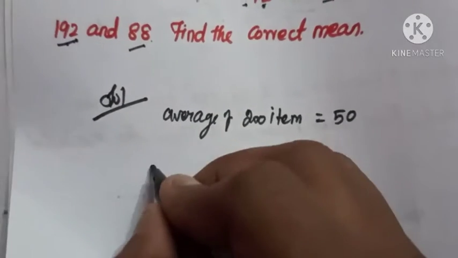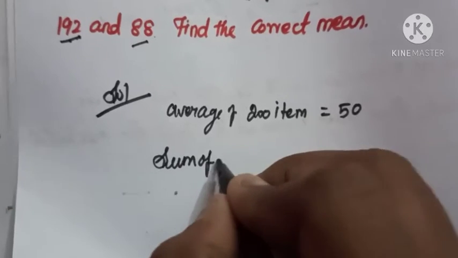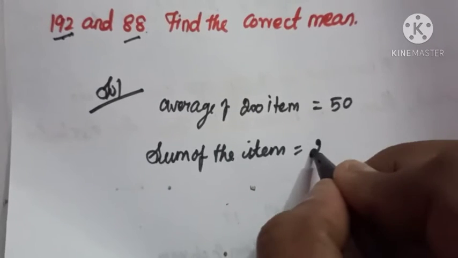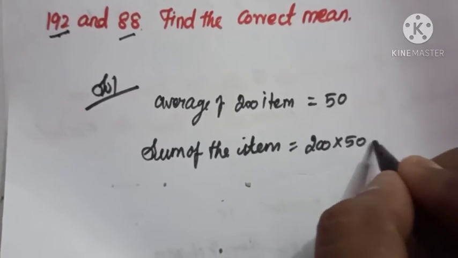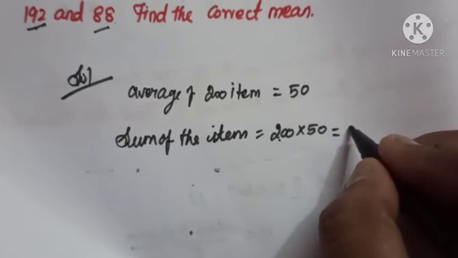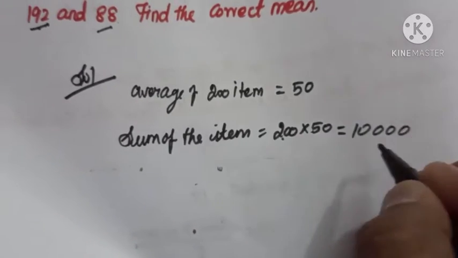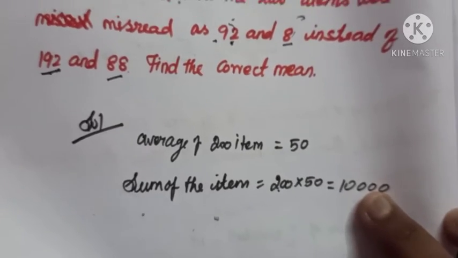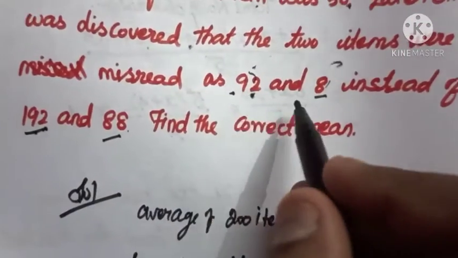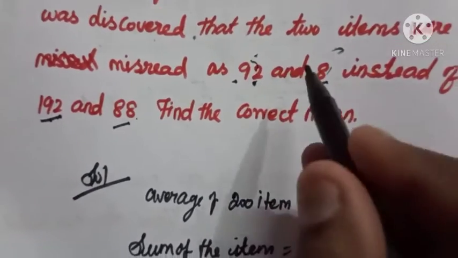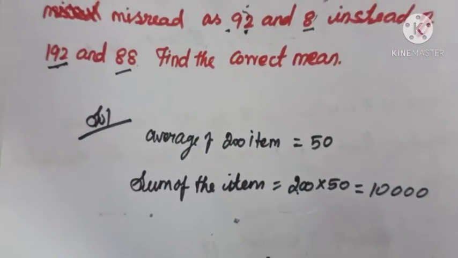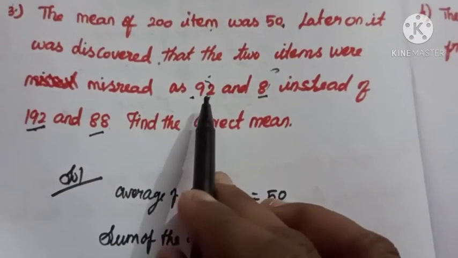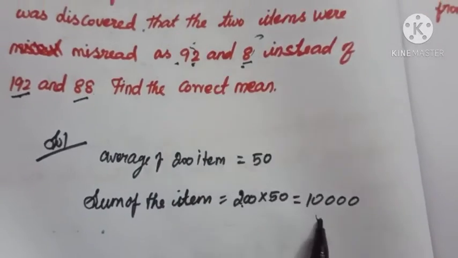So the sum of the items is equal to 200 into 50, which is 10,000. Which ones are misread? 92 and 8. To find the correct mean, you need to subtract this 92 and 8 from this number, and add the correct values.